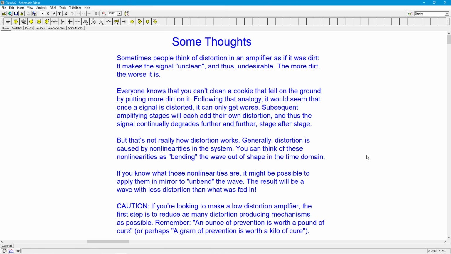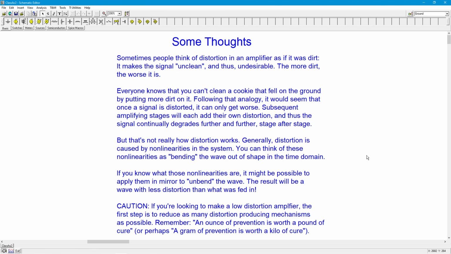Nobody really likes dirt. I mean, okay, we like dirt as far as growing crops, but as far as things being dirty, the concept of being unclean, that's undesirable, right? The more dirt you have, the worse the situation is. So, you're a kid, maybe you're an adult, you got a cookie, you drop the cookie on the ground, it's dirty.